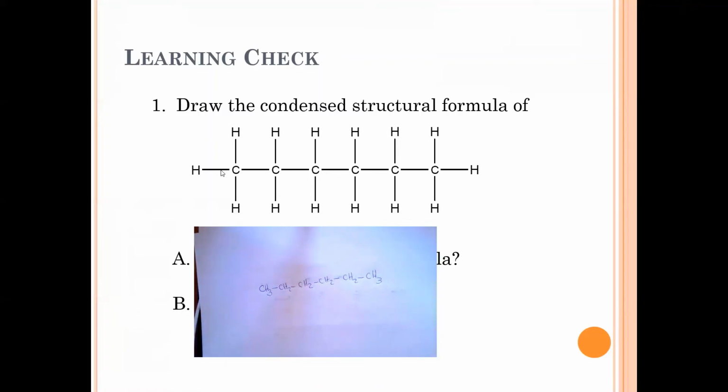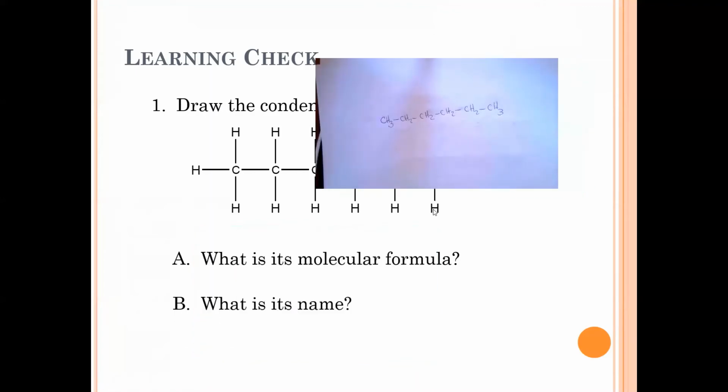The molecular formula, okay, when we're drawing the condensed structure is what we did here. The molecular formula for this is if we add everything and total it all together. It doesn't show us any structure whatsoever. It just shows us the total number of atoms. That's all a molecular formula does. So in this case, let's count them up. 1, 2, 3, 4, 5, 6.